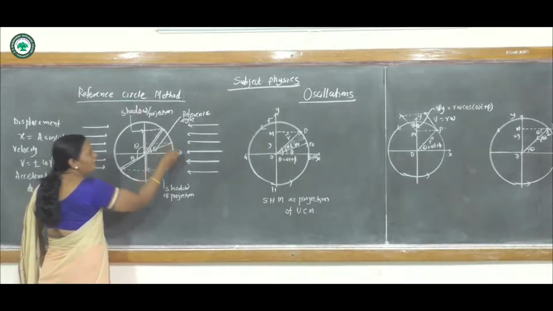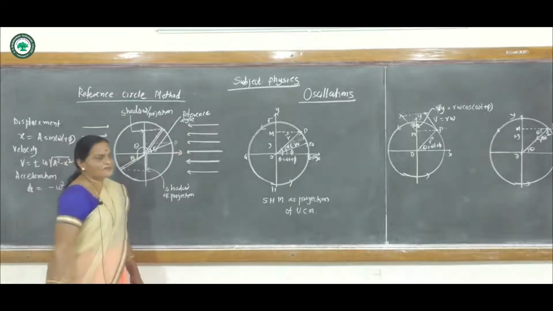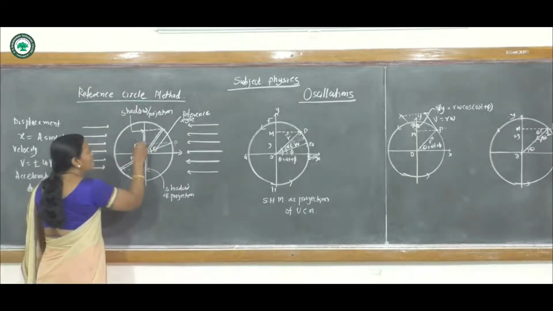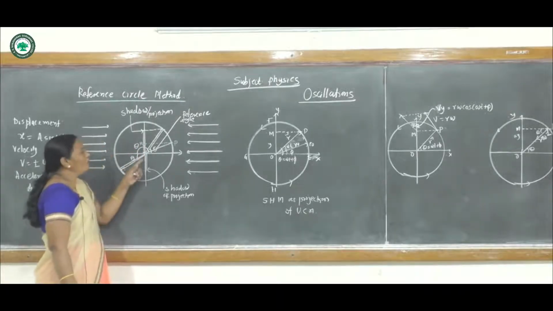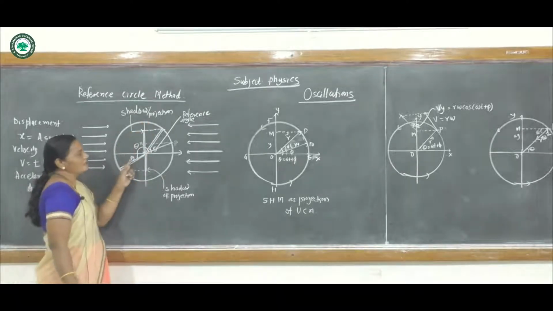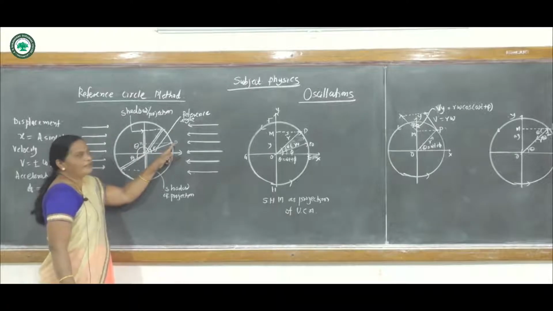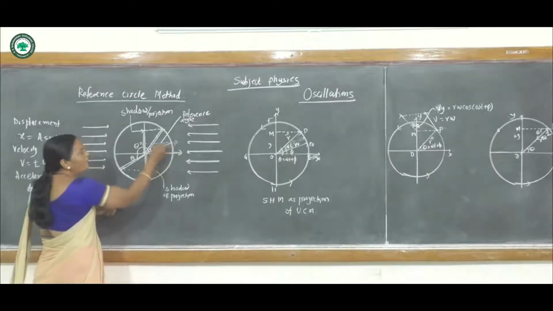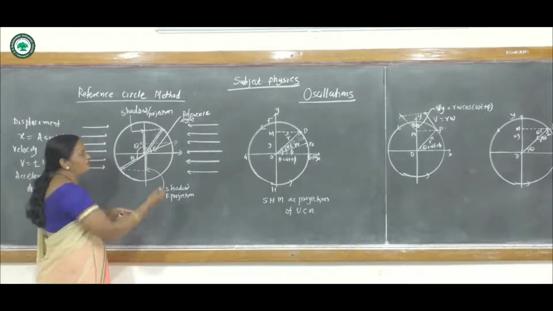That is, this particle P revolves along the circumference of the circle, and this is the particle M, which moves to and fro on the y-axis about this diameter of the circle. Suppose initially the particle is at point P, then draw the perpendicular. It is called the projection.